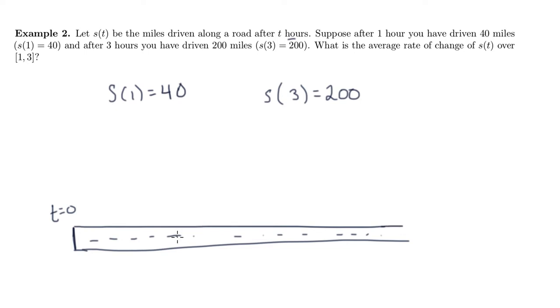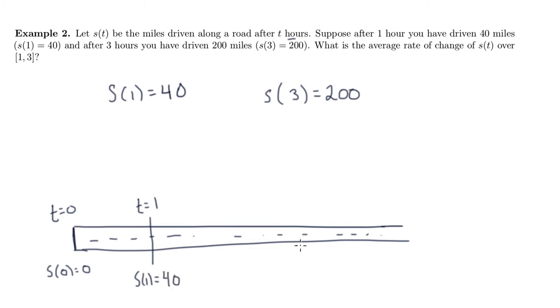At t equals 0, I've of course traveled 0 miles, because I haven't started yet. But at t equals 1 hour, I've gone, so this distance here is 40 miles.